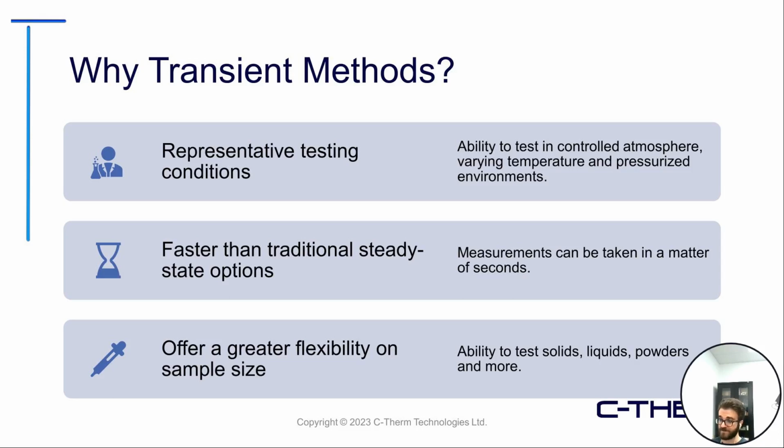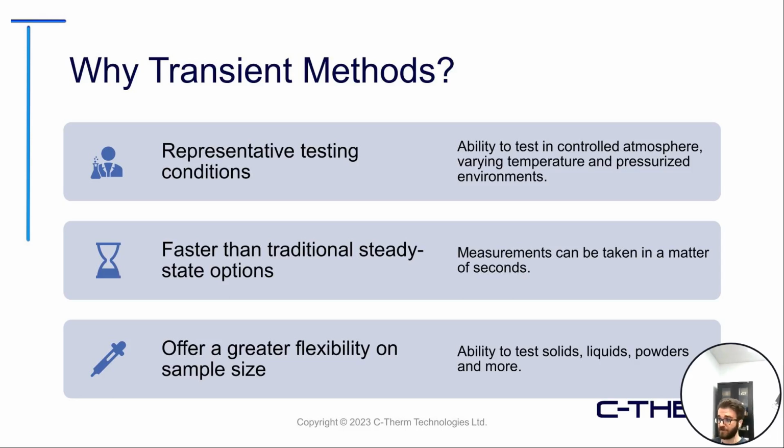Mentioned faster than steady state. Again, just inherent to how the measurement works, they will always be faster. Some transient methods will provide results within seconds. Others, a few minutes. Typically for steady state options, measurements will take at least an hour or more. Again, that's well within reason to be expected.